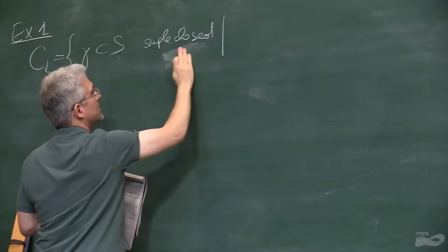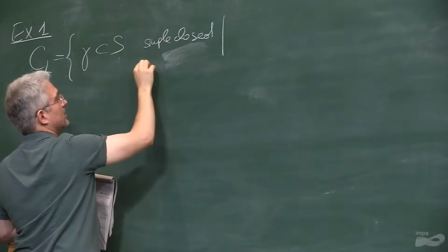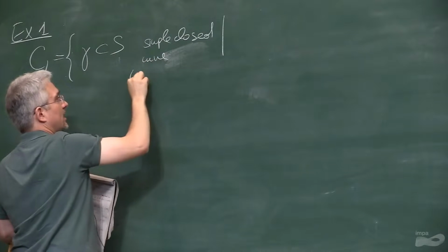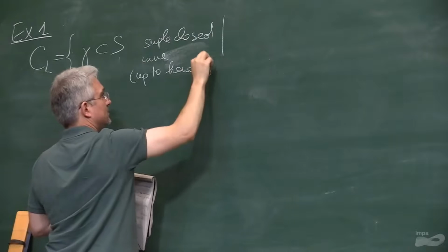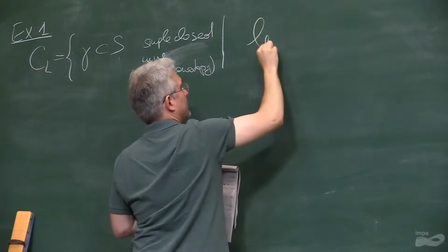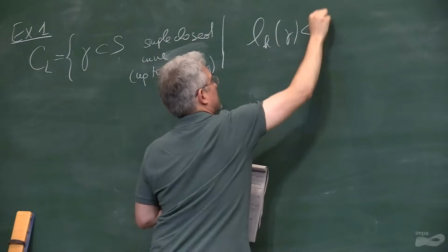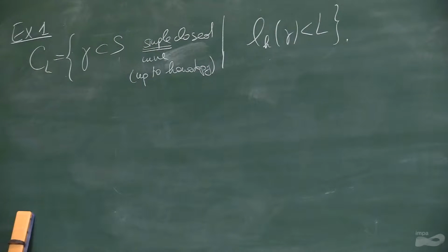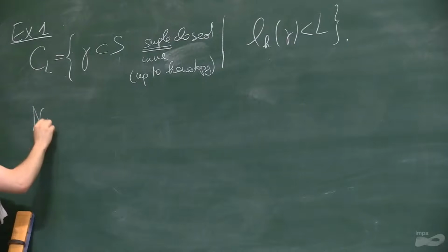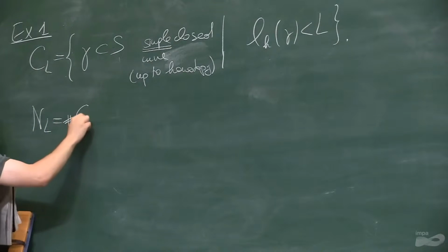Simple closed curve up to homotopy such that the length of gamma is at most L. Here we have added this thing, simple. And then again, we want to count how many of these we have.